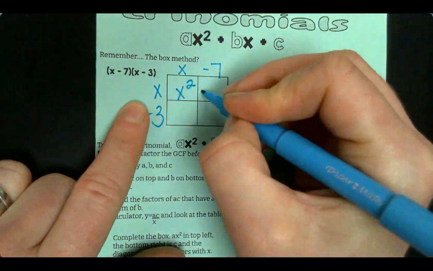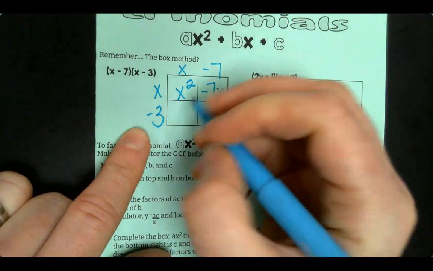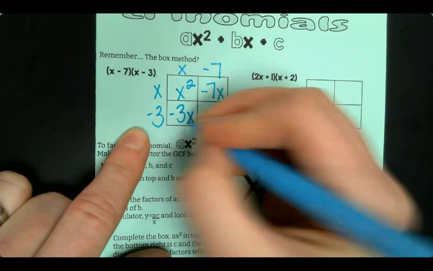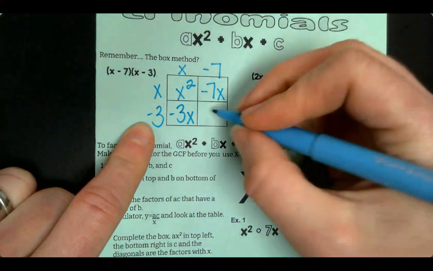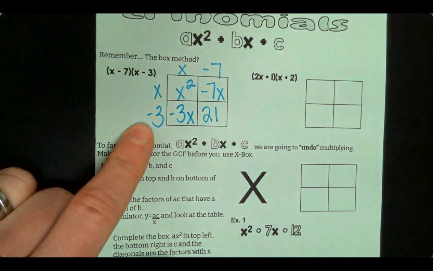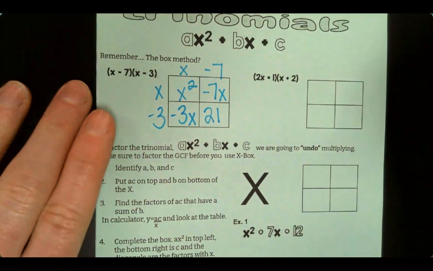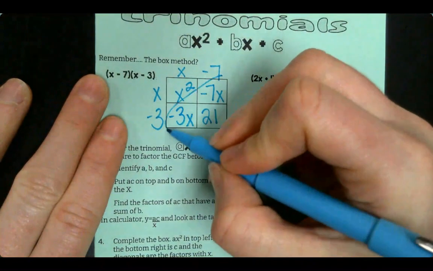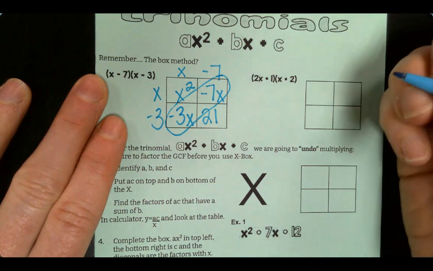So whenever I multiply x times x, I get x squared. Negative 7 times x, negative 7x. Negative 3 times x, negative 3x. And negative 7 times negative 3 is a positive 21. When we simplify it, you look for like terms. And with the box, it's these diagonals because they are the same variable, which is just x.